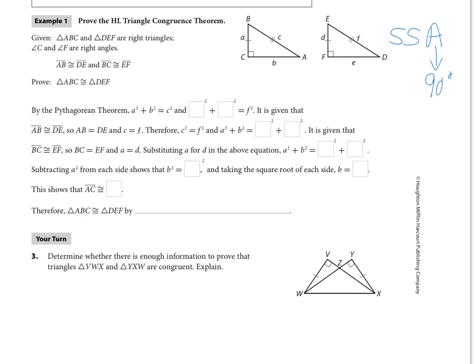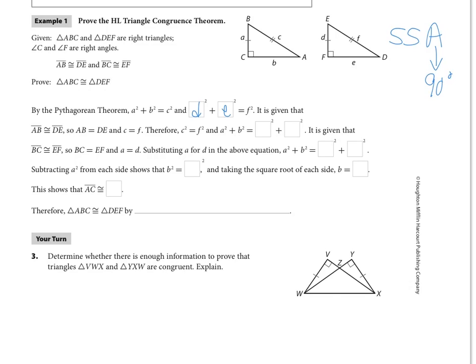Because we know these are right triangles, we know that the Pythagorean theorem applies. So on the left-hand triangle, we have a squared plus b squared equals c squared. And in the right-hand triangle, the way that they're labeled here, we have d squared plus e squared equals f squared. Since it's given that AB and DE are the same, that means that c and f are the same.